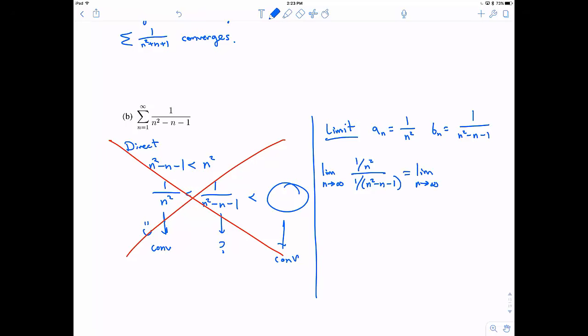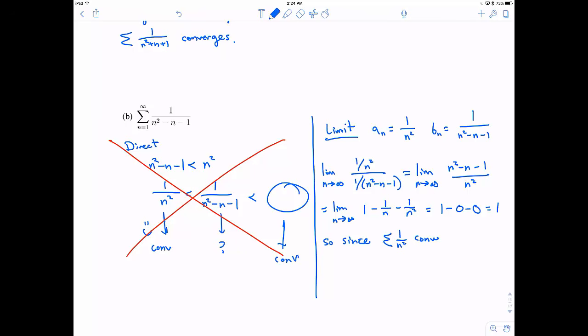Well, again, instead of dividing by this fraction, let's multiply by the reciprocal. So I get n squared minus n minus 1 all over n squared. And now we can distribute this n squared. So I get 1 minus 1 over n minus 1 over n squared. And as n gets very large, this goes to 1 minus 0, which is 1. So again, this is a positive c value.